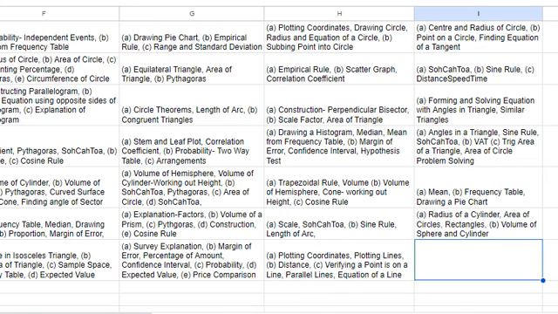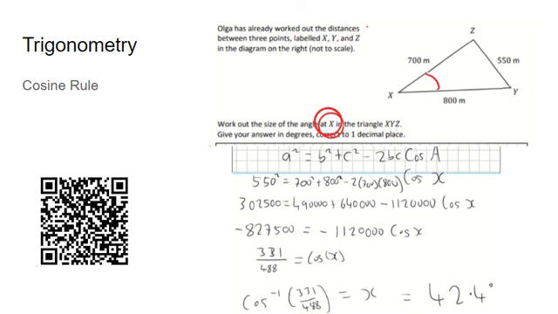So each of them are important to know. Any of them could come up, or all of them could come up, but definitely two or three of them are guaranteed to come up in the paper, or almost guaranteed. So that's all the trigonometry.